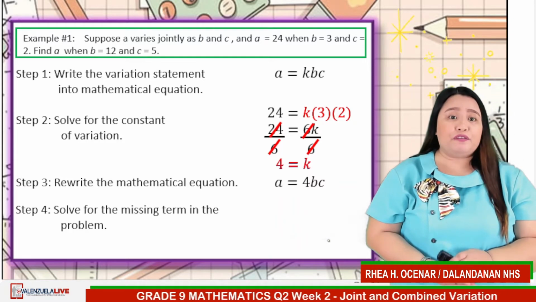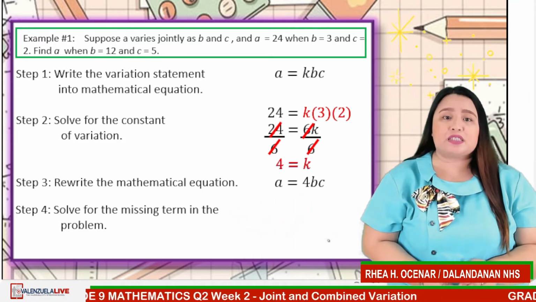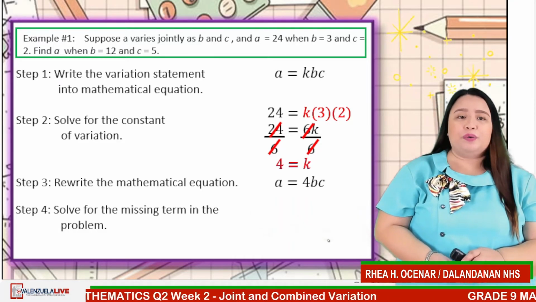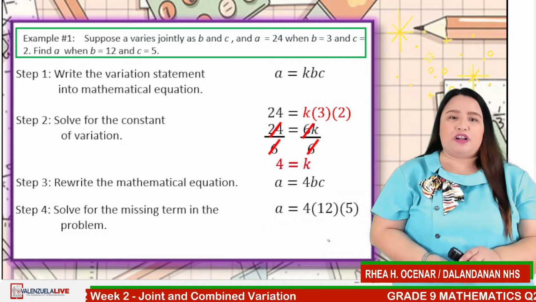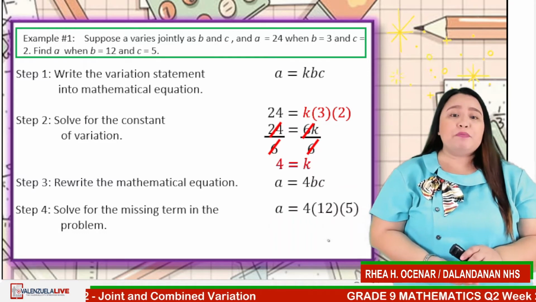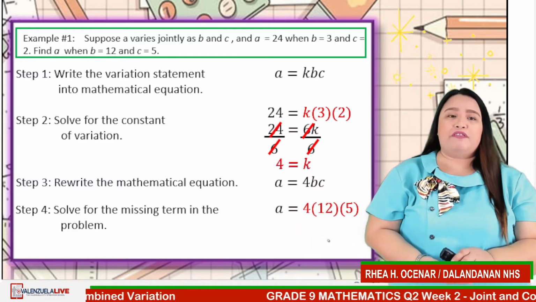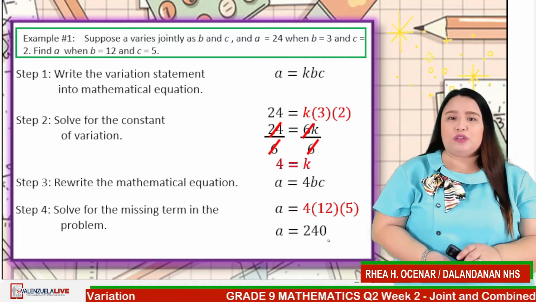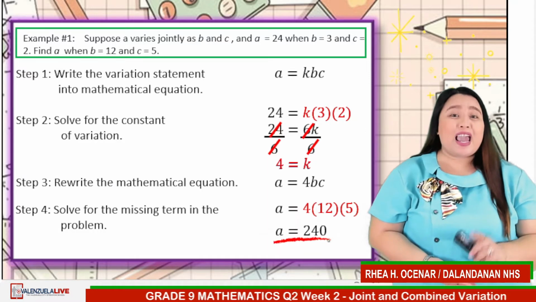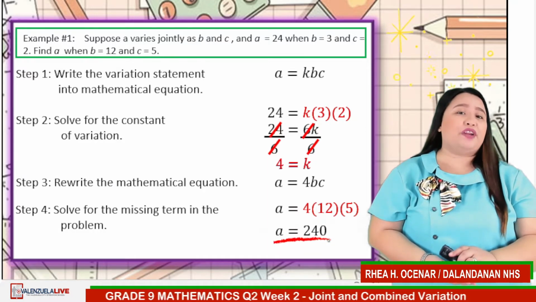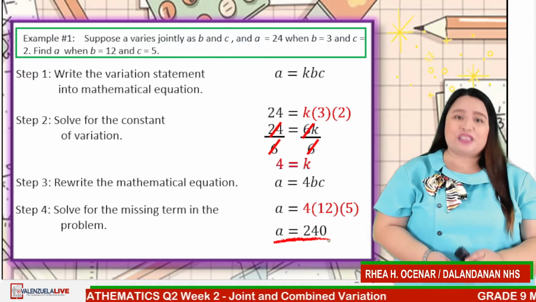Since we need to find the value of A when B is 12 and C is 5, we have now A is equal to 4 times 12 times 5. Simplifying 4 times 12 times 5, we have A is equal to 240. Therefore, A is 240 when B is 12 and C is 5.